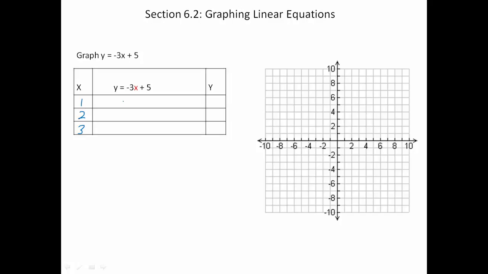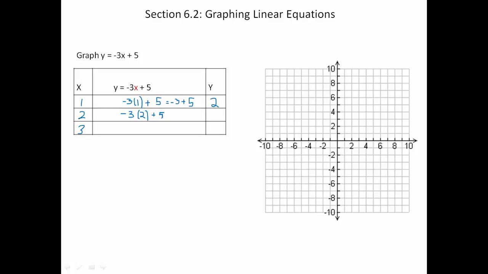Alright, let's see what we got. First one, I've got negative 3 times 1 plus 5. Got to be careful with your negatives. Negative 3 times 1 is negative 3. And if I do negative 3 plus 5, the signs are different, so I end up subtracting these things, and I end up with a positive 2. Next up would be negative 3 times 2 plus 5.